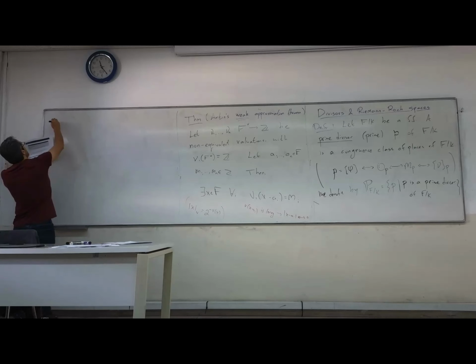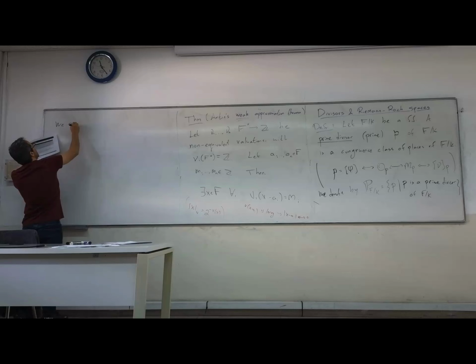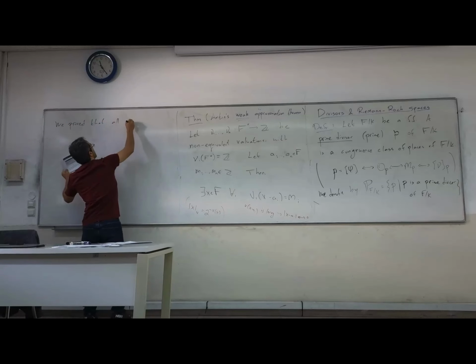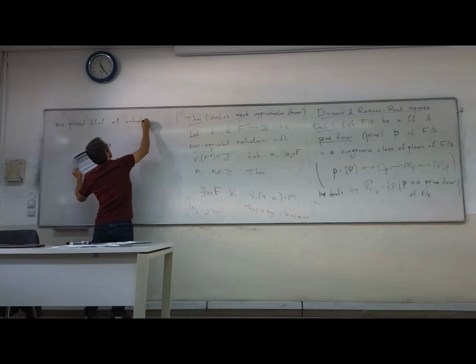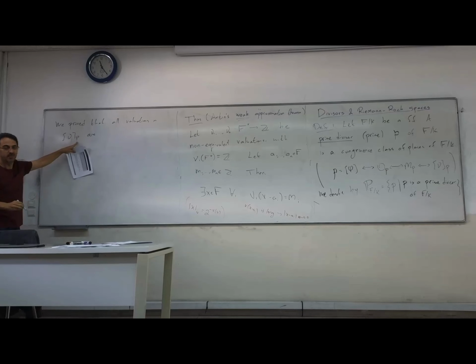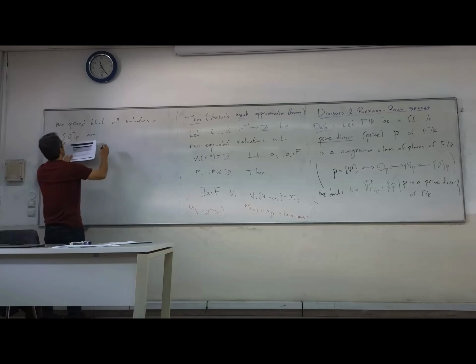And a remark: we proved that all valuations in V_P, so in Fick a prime divisor, namely a valuation ring, for example, the class of all valuations corresponding to P, are discrete.